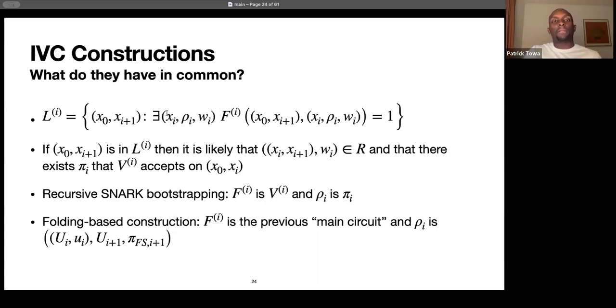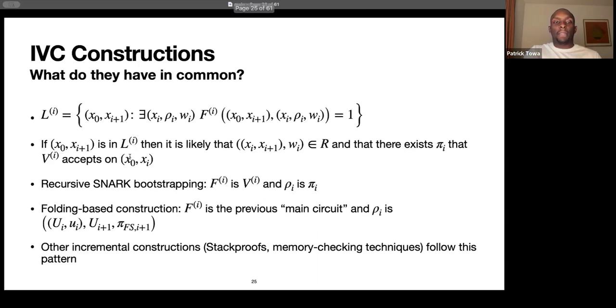So basically I just exhibited a framework in which the constructions of IVC fall into. And then, like I mentioned before, stack proofs also fall into this sort of idea, and memory checking.